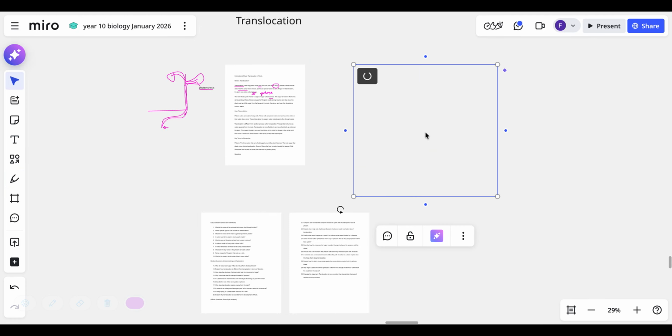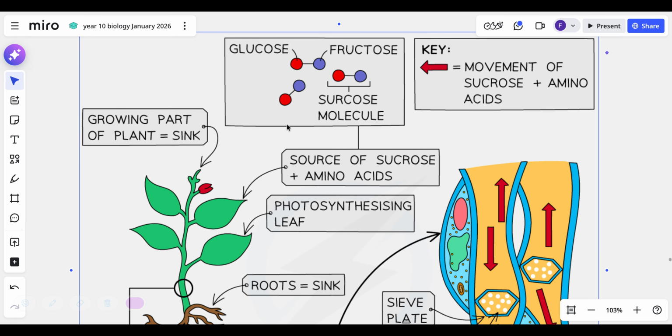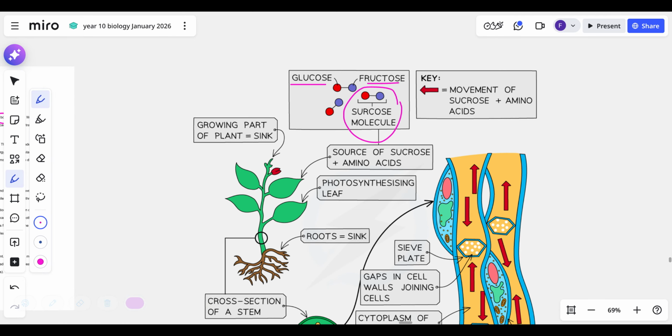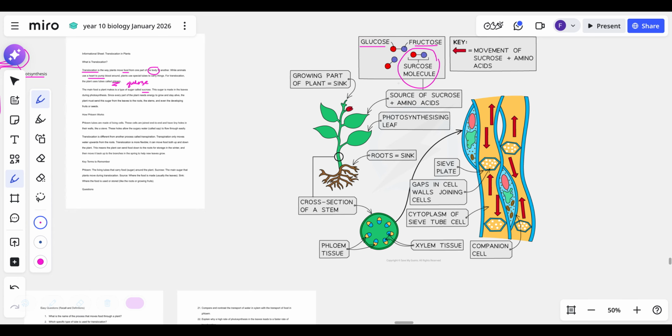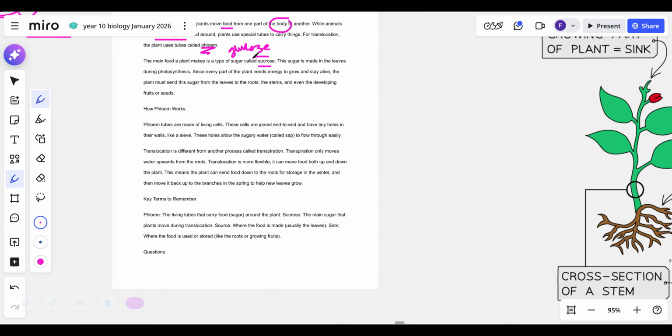So here's this lovely kind of neat picture. Sucrose is transported. This is the transport molecule, used for moving around the plant. And it's made of glucose joined to fructose. Now, you've got certain words to do with how it moves and where it moves, but that's the first most important thing: the transport sugar, sucrose.